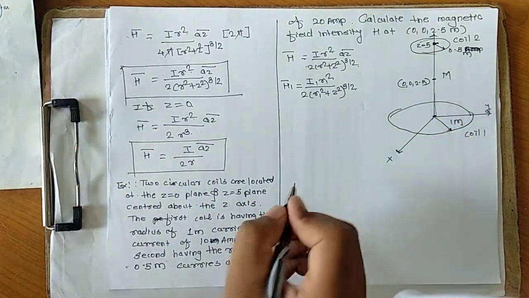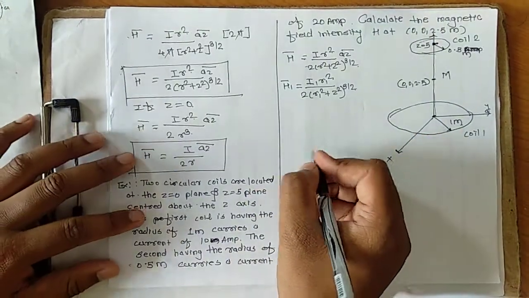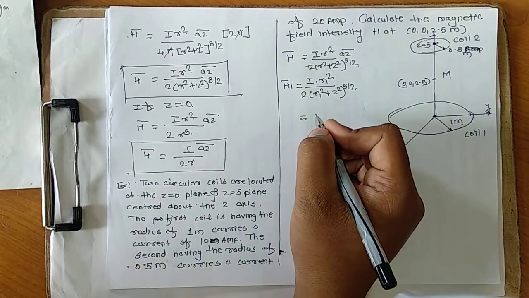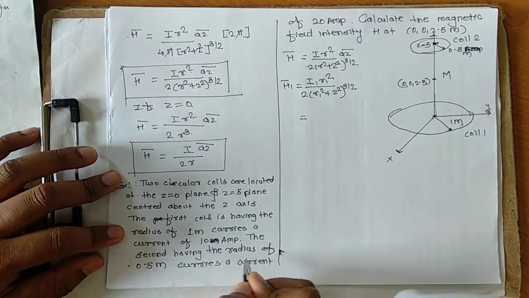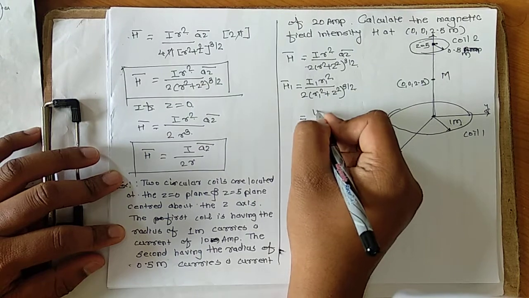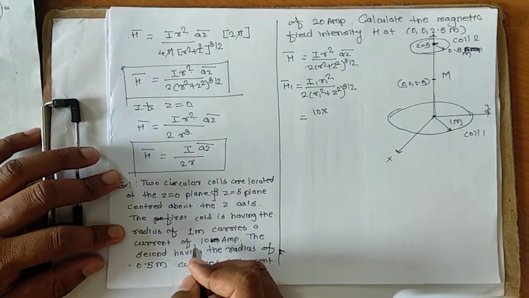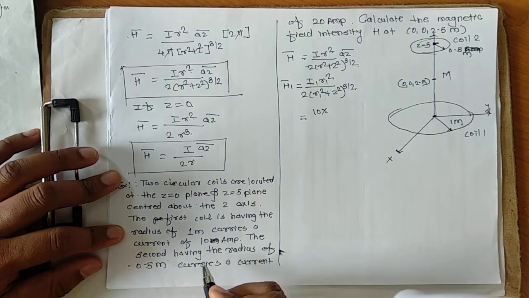Now Z is equal to 0 for the lower circle. I1 is the current for the first loop, which carries 10 ampere. So 10 into R1 square. R1 is the given radius of 1 meter.